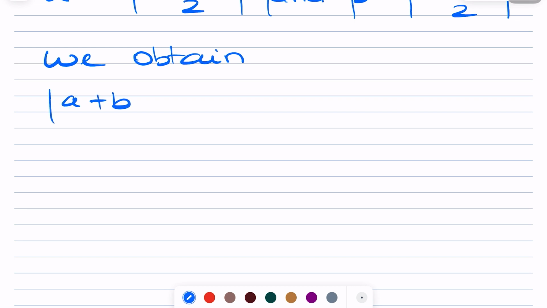This is absolute value of (a plus b) over 2 to the power p plus absolute value of (a minus b) over 2 to the p.